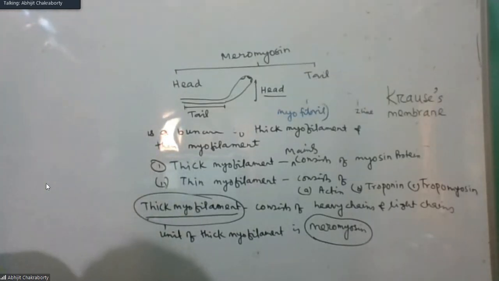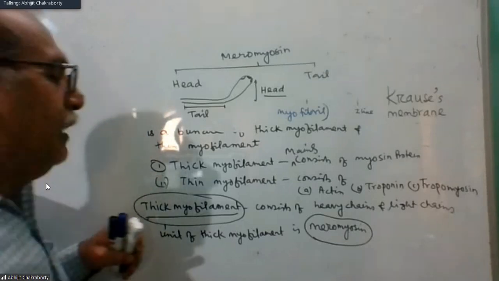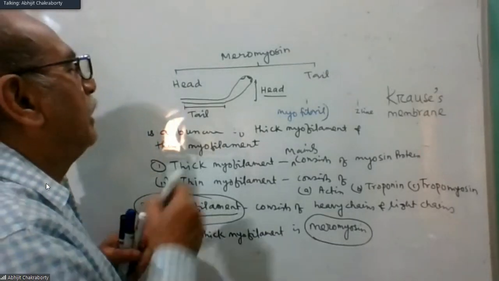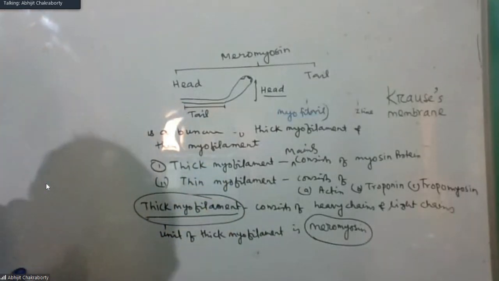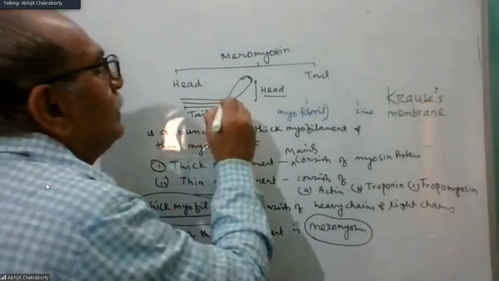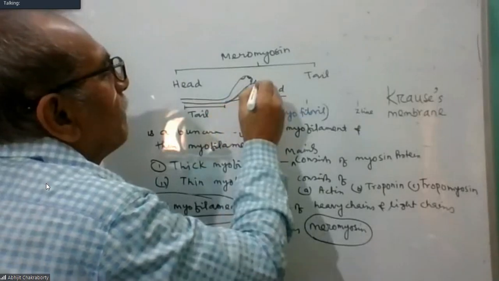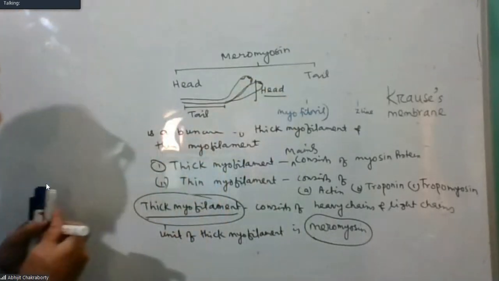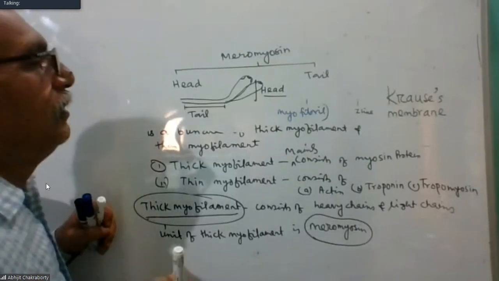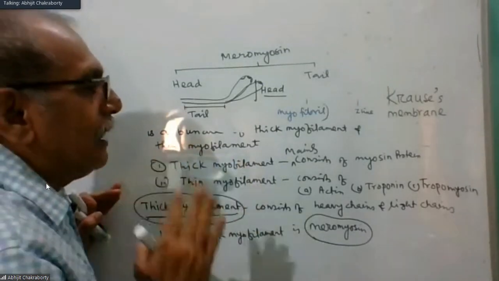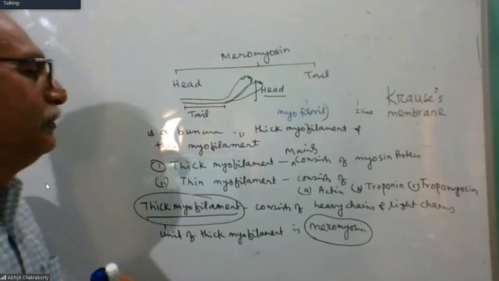In this way, basically, remember this thing, it is made of two heavy chains. Here you will get two heavy chains and here you will get four light chains actually, because in the head they are like these. So this is the basic structure. Is it clear to you?